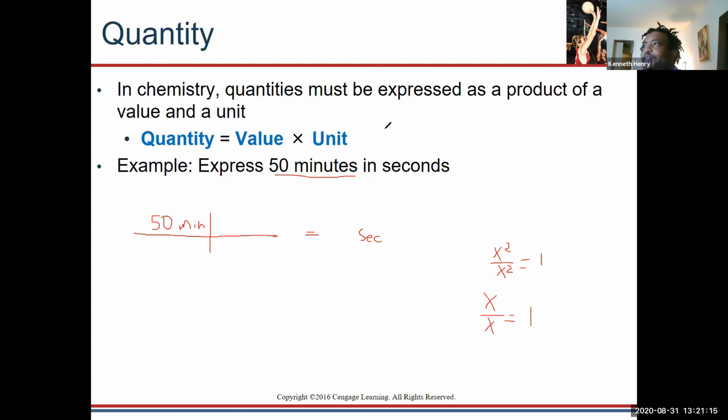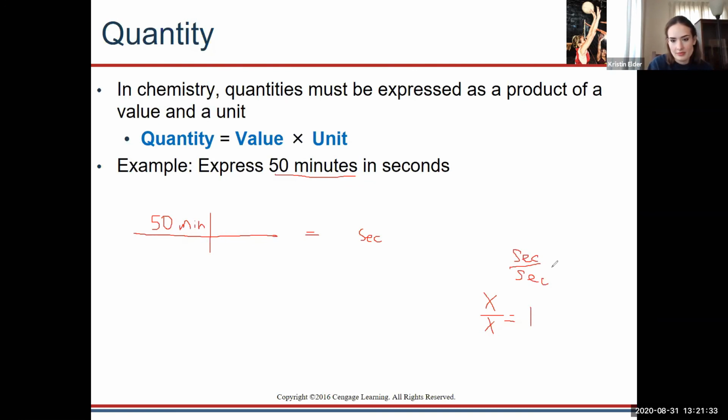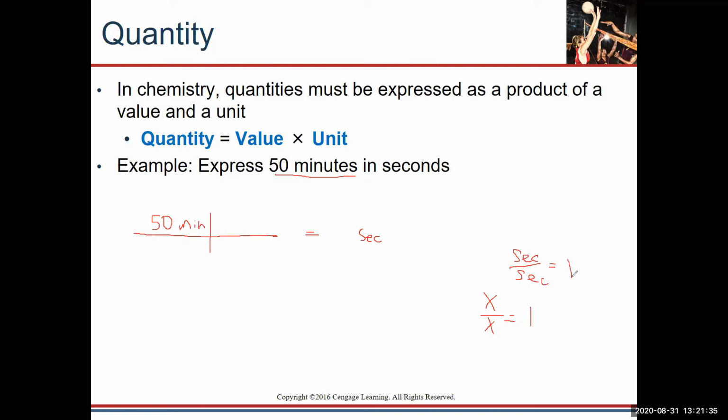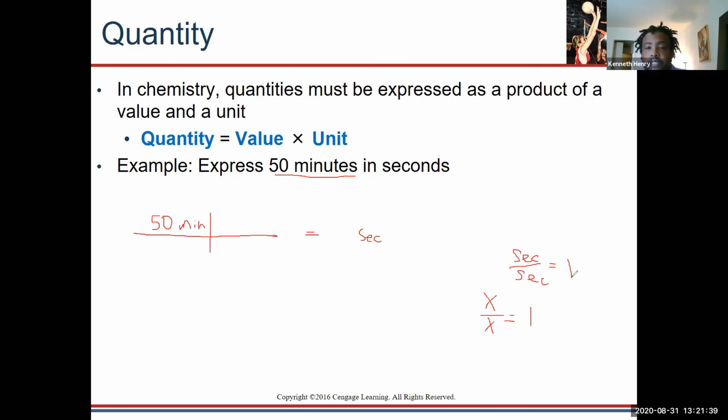That's something we all know. So if I put seconds over seconds, what is that going to equal? It'll just be 1. It will be dimensionless. You lose those units, so those units are able to be canceled out as well.